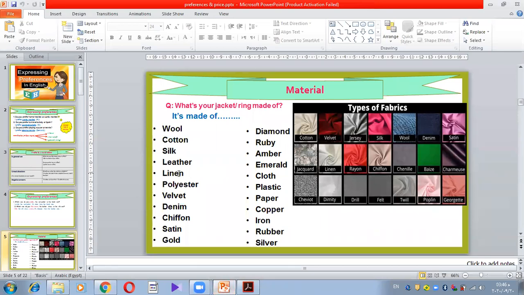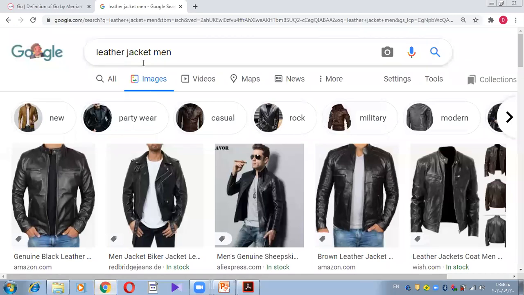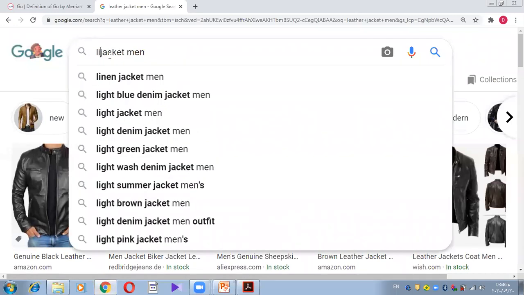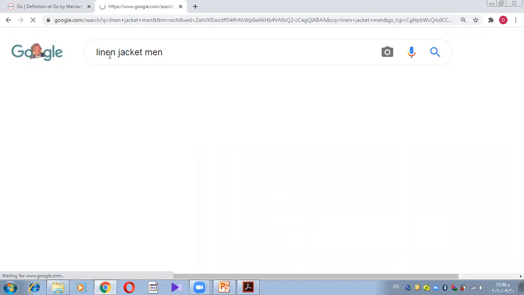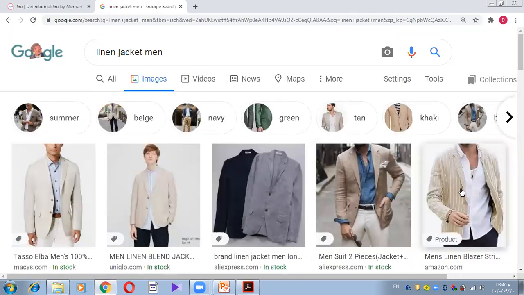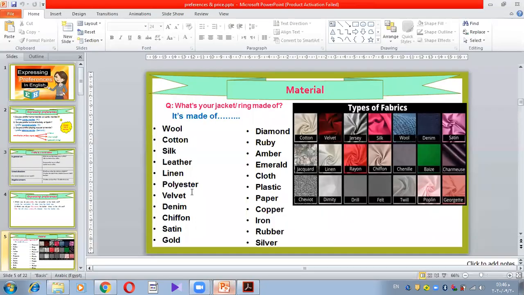The next word is linen. Linen, that's linen. Okay, linen is just like this or like this. I think this picture is clearer. Okay, linen. The next word we have is polyester.